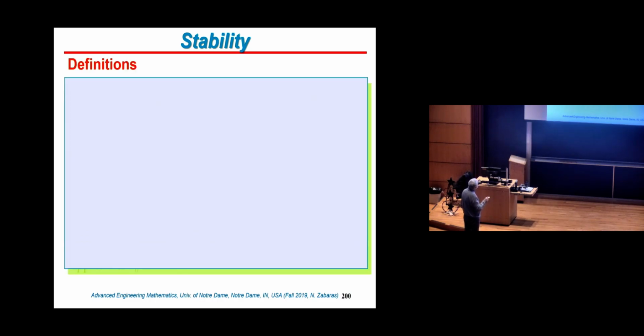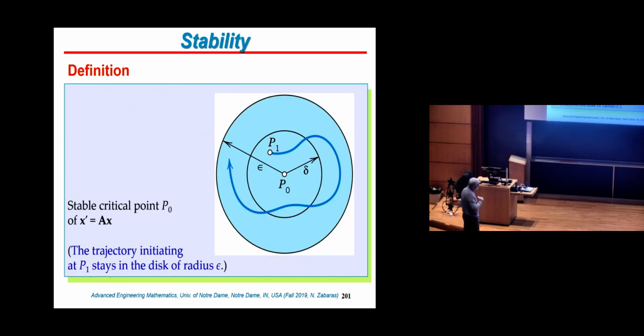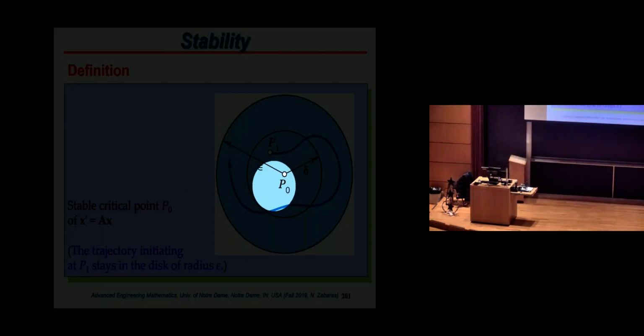So rather than give you a mathematical definition, let me use this plot to define what I call stability here, and in particular, asymptotic stability. So let's call P0 the origin. That's our critical point to start with.